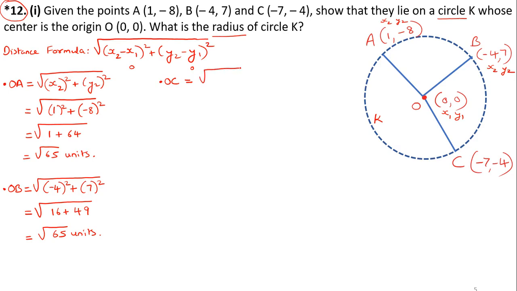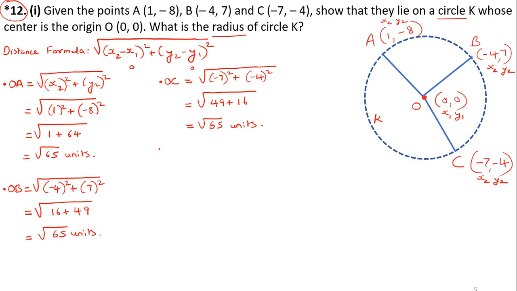So under root this, let this be x1 y1, and we will take this as x2 y2. So minus 7 square plus minus 4 square. Okay, so this will become 7 7s are 49 plus 4 4s are 16, so root 65, right?